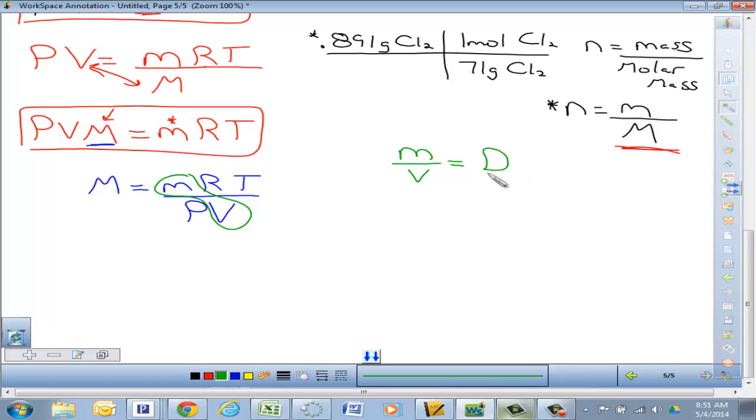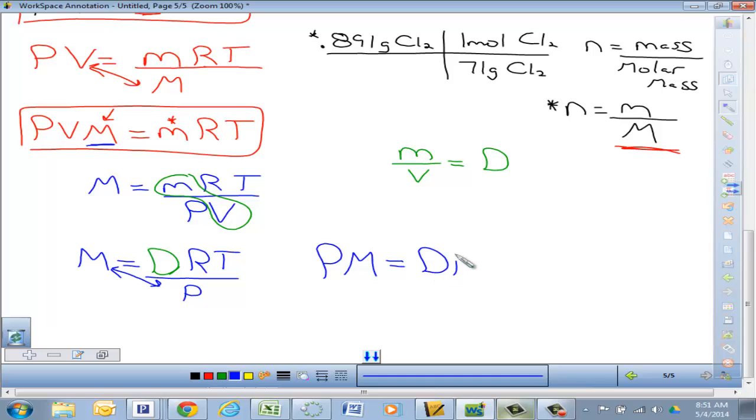So big M is equal to little m divided by V, which is density, times RT over P. Getting rid of the denominator by cross multiplying, I end up with PM equals dRT.